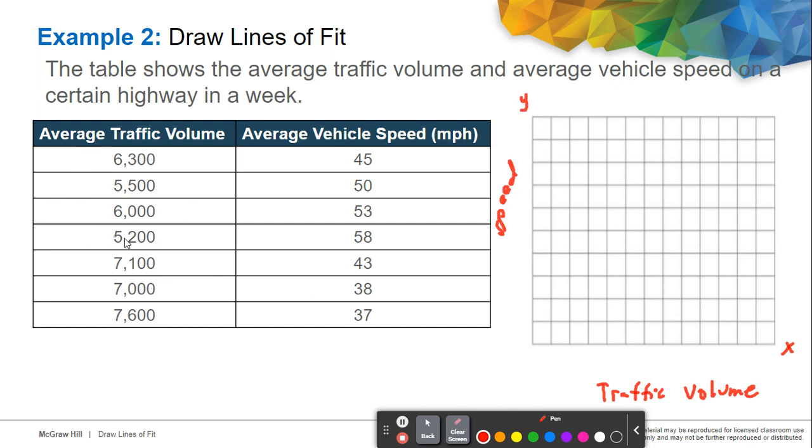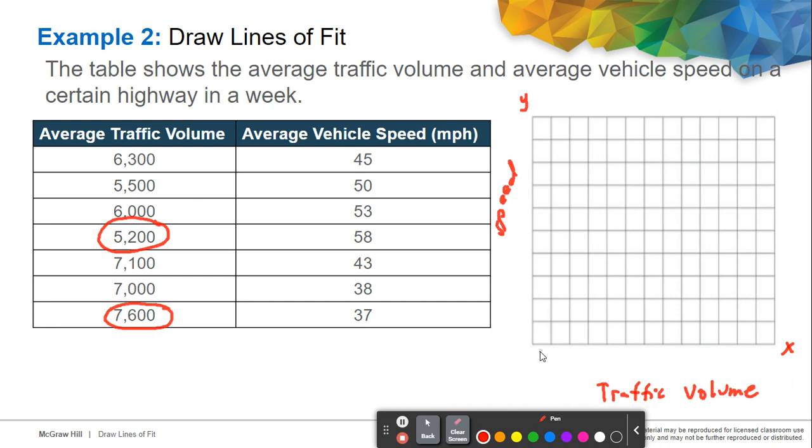As you can see here, for our traffic volume, our smallest is 5,200 and our biggest is 7,600. So if we use the range 5,000 to 8,000, that will probably be a good way to represent our x-axis. And we can have an interval of 500 to fit in our coordinate plane.